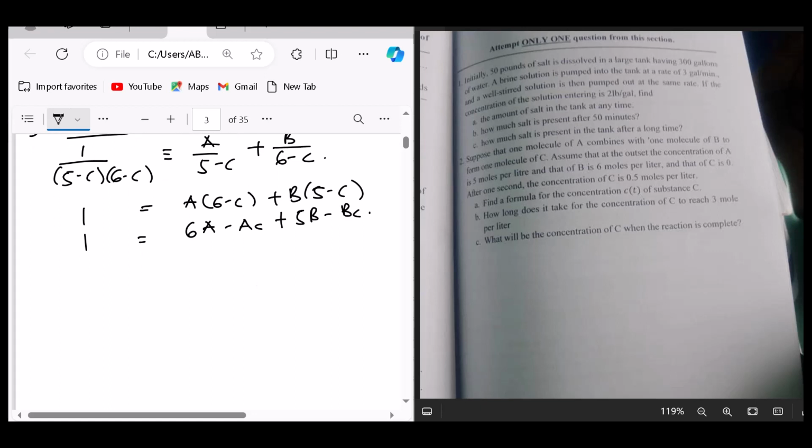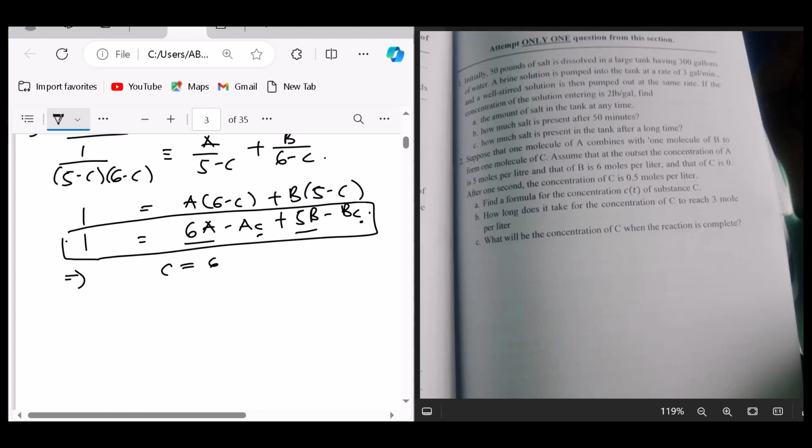So we do comparison. These are constants, and remember, this C is a variable here. Even here we could have used the cover-up rule.